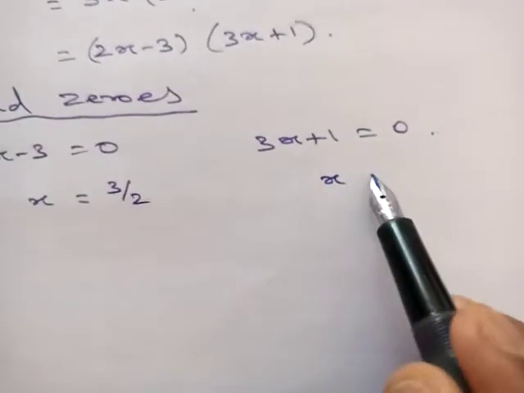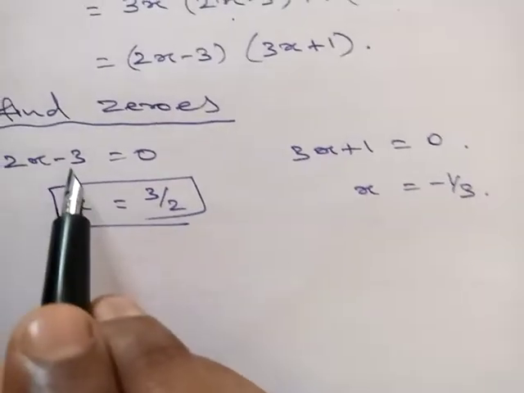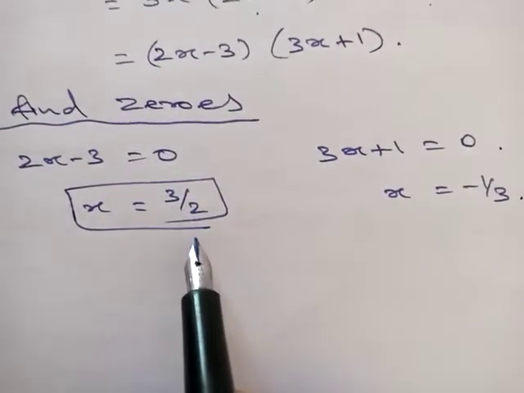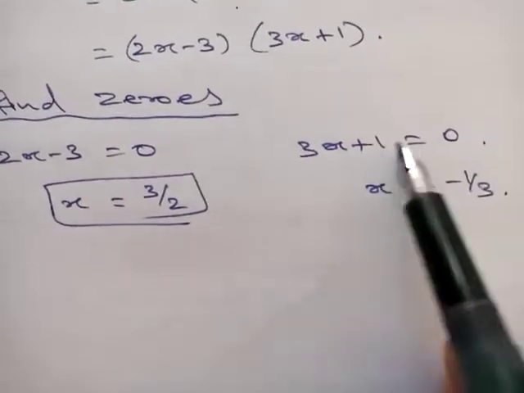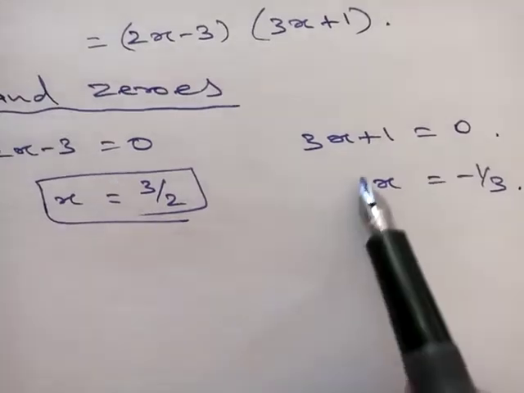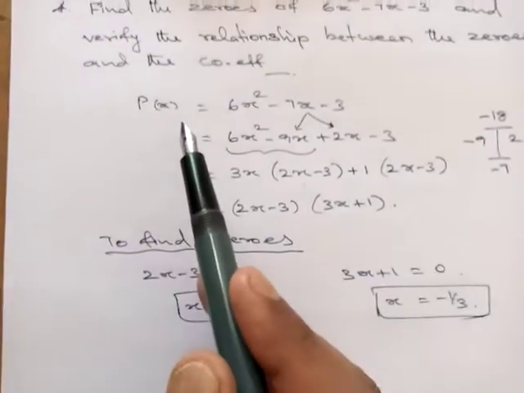Second one, x = −1/3. Any doubt in this? −3 goes that side means +3, and then 2 goes that side means divided by 2, so 3/2. Here also the same: +1 goes that side, −1, and this 3 goes that side means divided by 3. So these two are the zeros of the polynomial p(x).